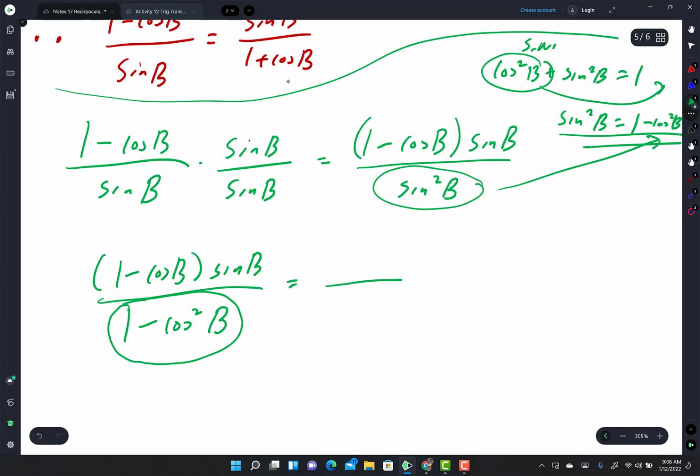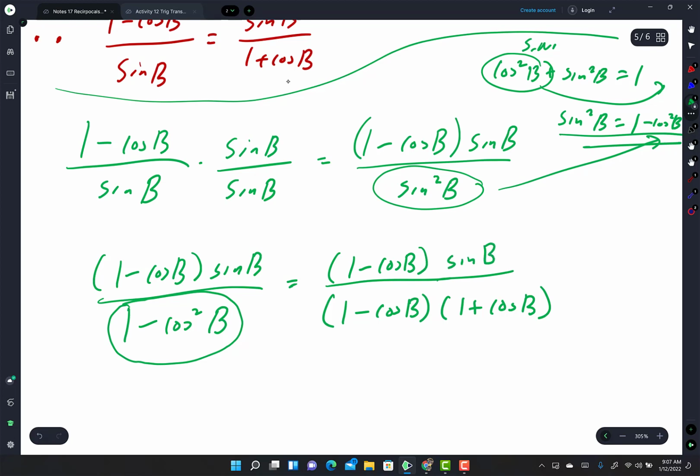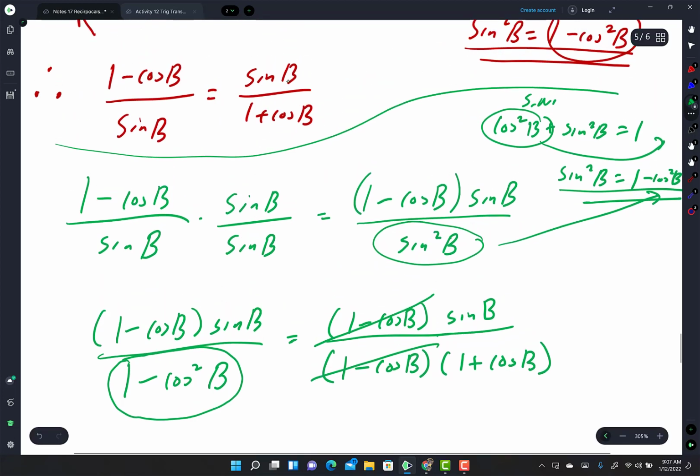I mean this, that in the bottom, 1 minus cosine squared b, I can rewrite this as 1 minus cosine b times 1 plus cosine b, can't I? And on the top, I still have that 1 minus cosine b, no? Oh. What can I cancel out? The 1 minus cosine b's cancel out, and look what you have left. Is that what they wanted me to prove?